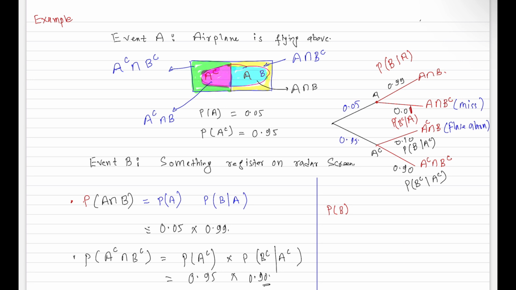And in the tree diagram, what's event B? In words, it is that the radar screen is showing there is something showing up. Now when can it show? When there is an airplane and it is showing that there is an airplane, so this is our event. And this will not be, because here there is nothing, and this will be also, right? So from even the Venn diagram, if you see, these are the two events, and if these two events are occurring, then we can say that event B will occur. So we have to take care of all the scenarios where event B can occur.